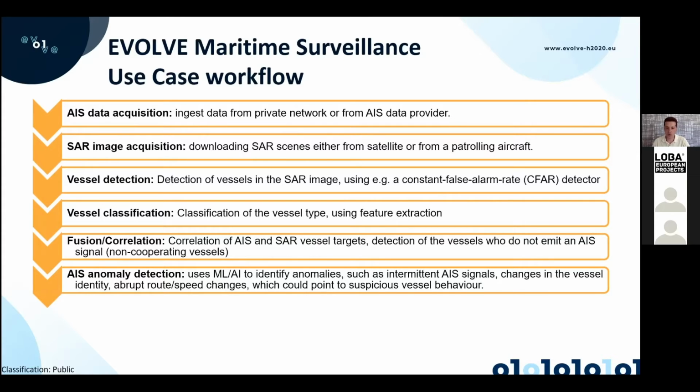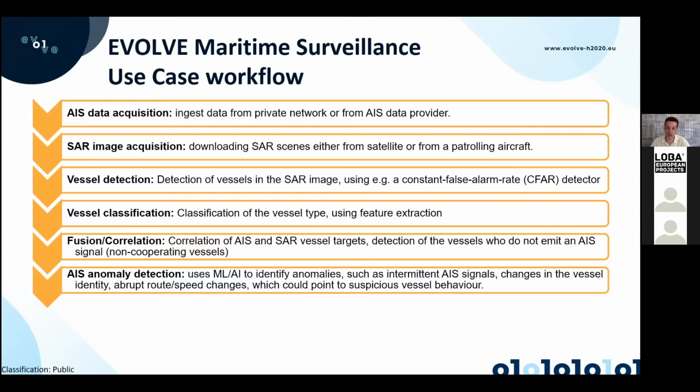Another task which also runs is the anomaly detection part on the AIS stream. We use a series of AI algorithms to identify possible anomalies in the AIS data streams.